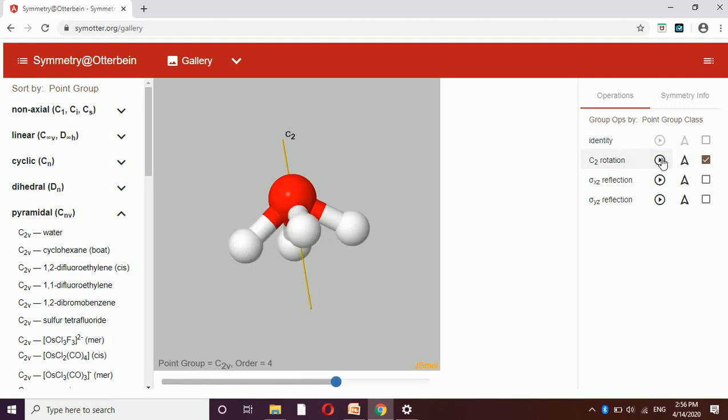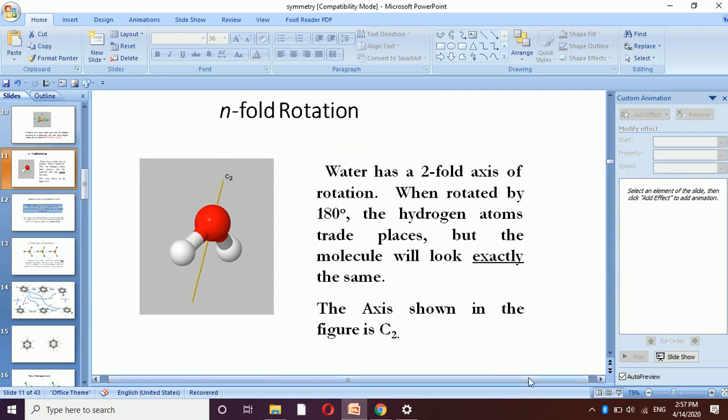And you rotate, a 180-degree rotation will give you an indistinguishable image, isn't it? So you can say 360 divided by 180 gives you a value of n equal to 2. So this is a C2 axis of rotation. So in water molecule we have a C2 axis of rotation.